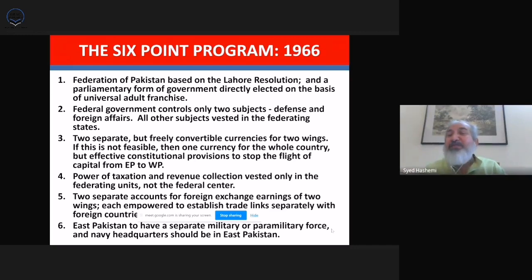Also, we would have a separate military and a separate paramilitary force, along with the naval headquarters here. These were the 6-point programs in 1966, and this was the basis of the elections in 1970, end of 1970, which Awami League won, and people voted for the 6-point program for regional autonomy.